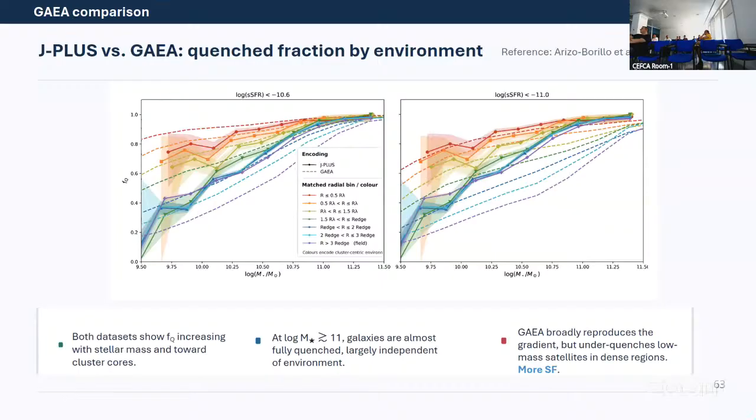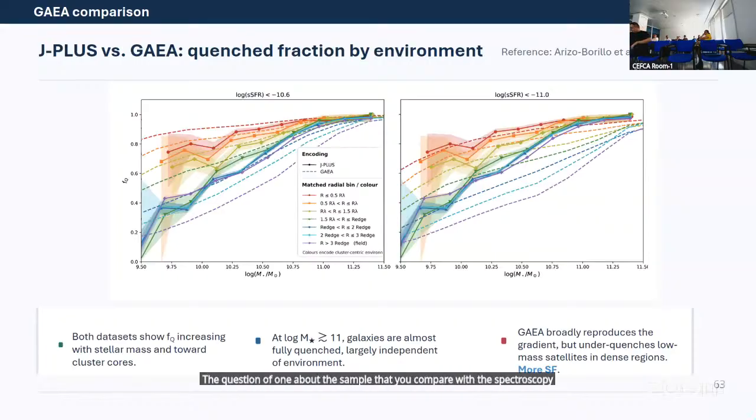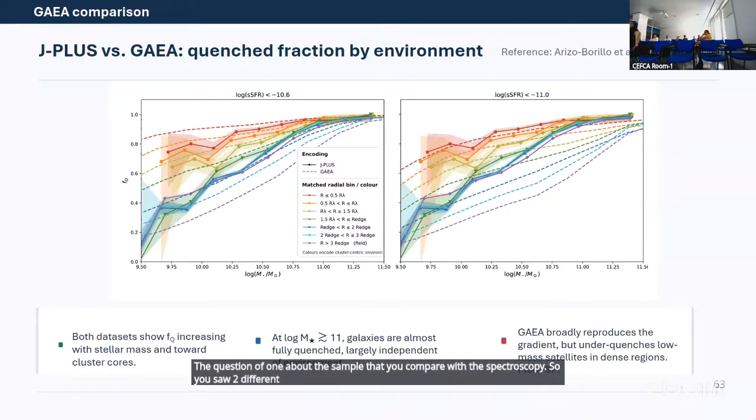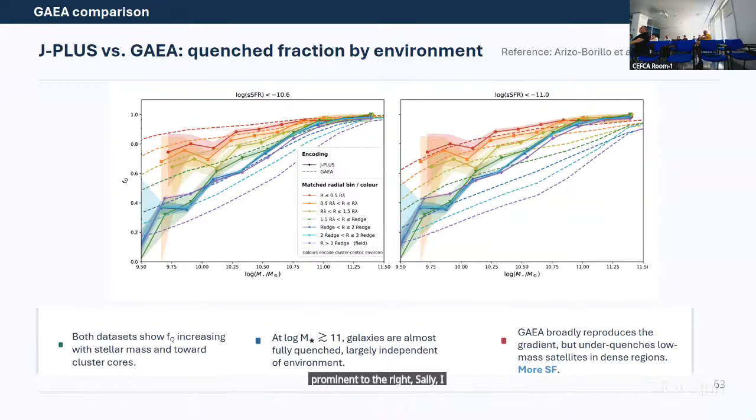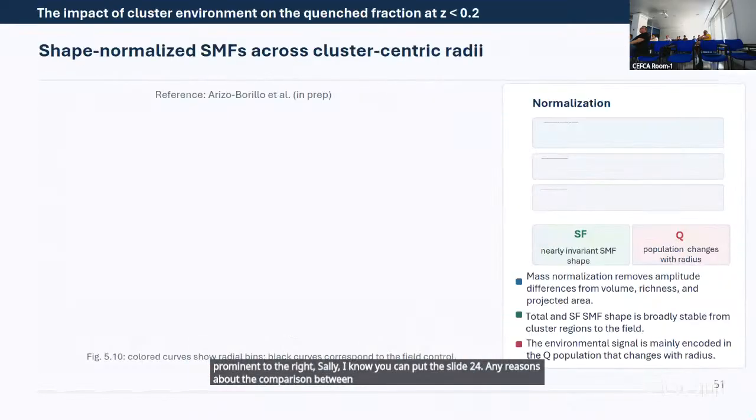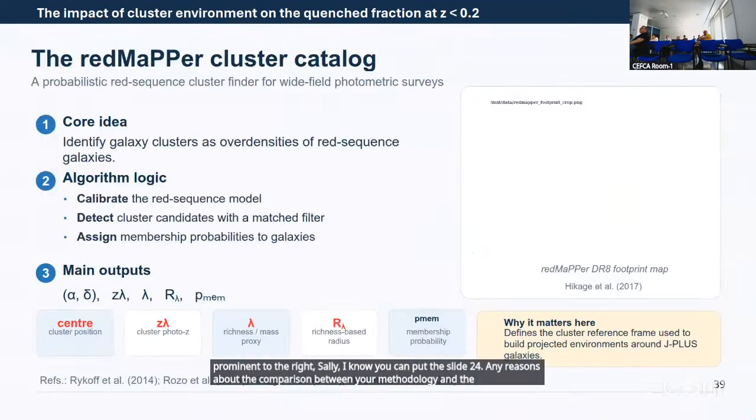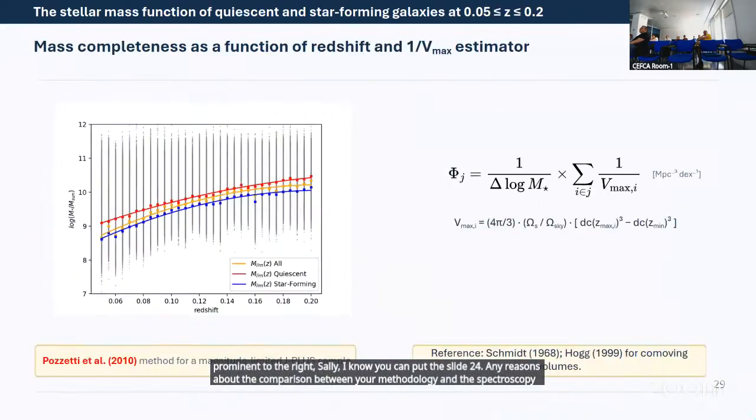I think I want to follow up on the question about the sample that you compare with the spectroscopy. You showed two different histograms for the star formation rate and stellar mass. The stellar mass distribution is more prominent to the right side. Could you put up slide 24? Any reasons about the comparison between your methodology and the spectroscopy?